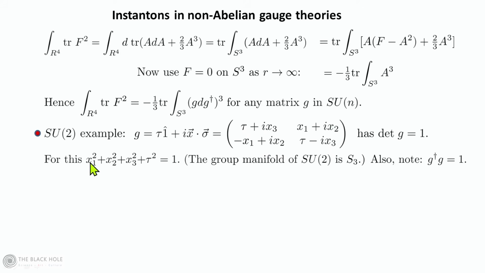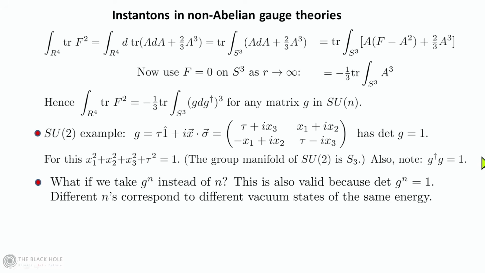That says that x1, x2, x3, and I could have called this x4, but we should keep in mind that we're dealing with imaginary time, so keep it as tau rather than x4. Now that's the group manifold of SU(2). And of course, if you take this G and multiply it by its conjugate, you'll get 1. That comes from this condition here. Okay, so that gives you an example.